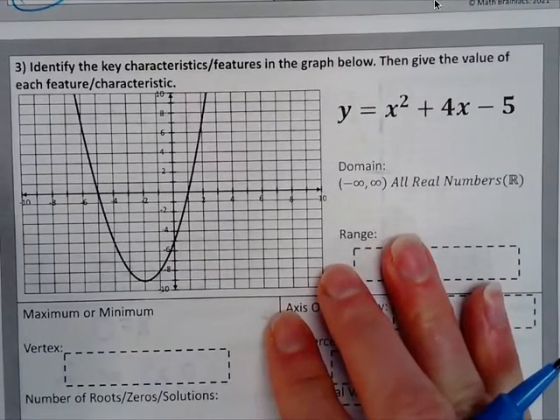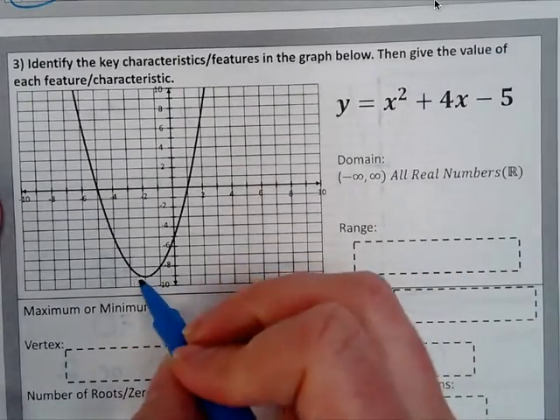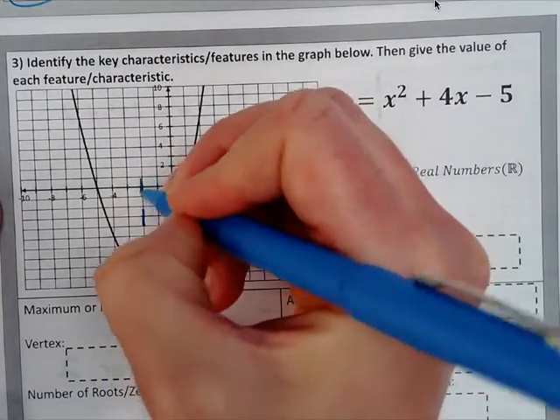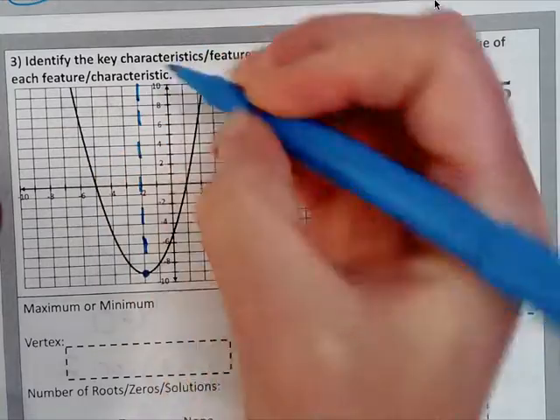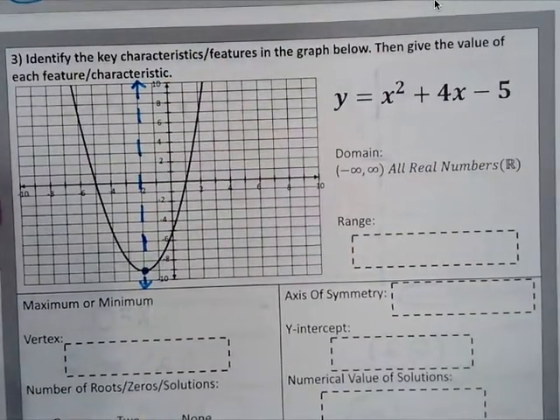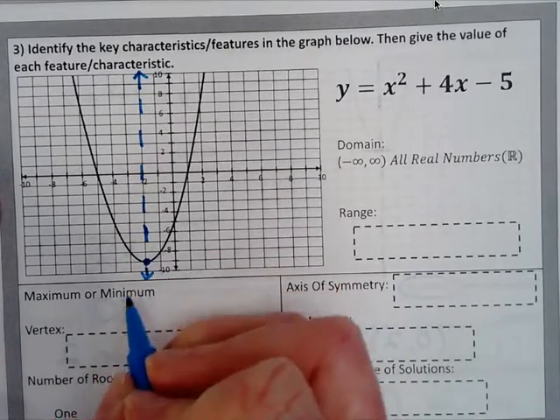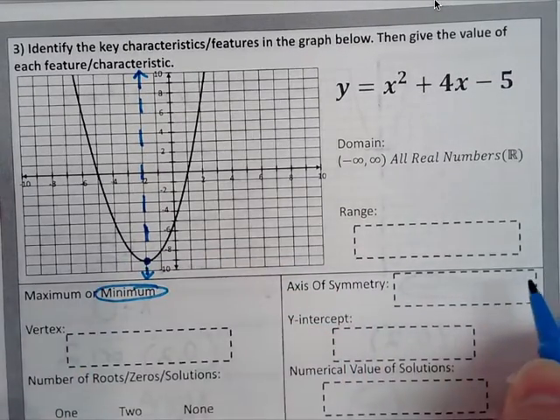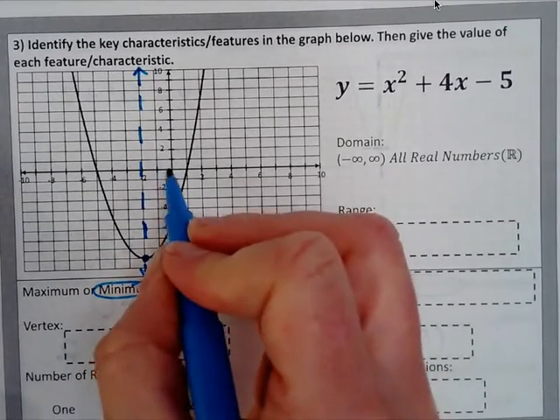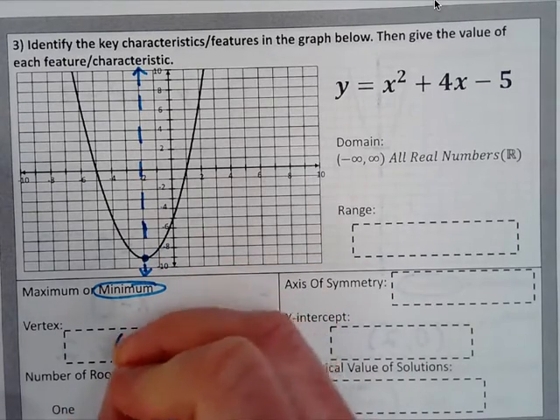Number 3, this is a big parabola. So let's see, our axis of symmetry goes down the middle. And it is the lowest point, so that makes it a minimum. Our vertex is at this point, which is -2 down to -9.